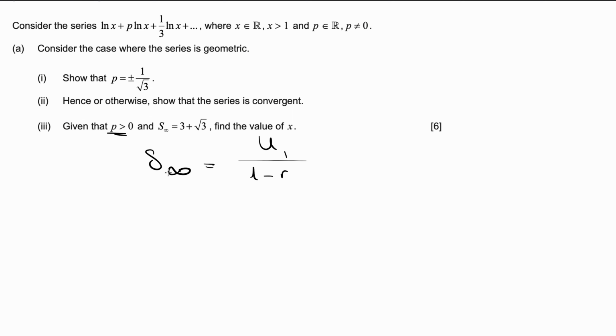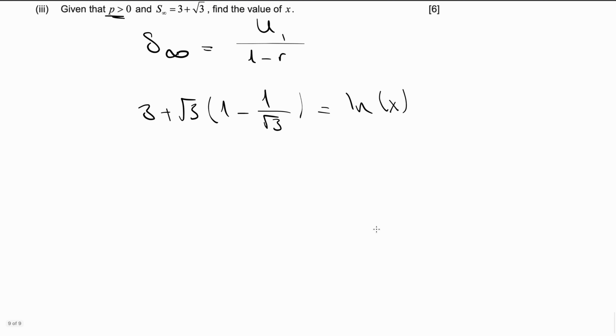So we know that S infinite is 3 plus radical 3, right? And then 1 minus r is simply 1 minus 1/radical 3, and u1 is equal to ln of x. So you can go ahead and multiply 3 plus radical 3 with 1.